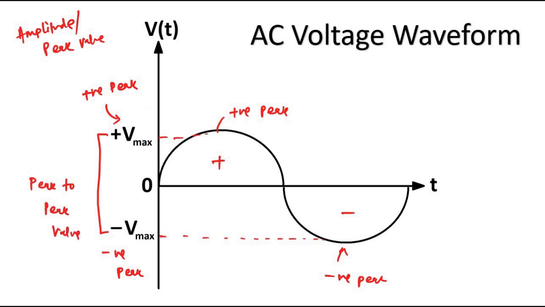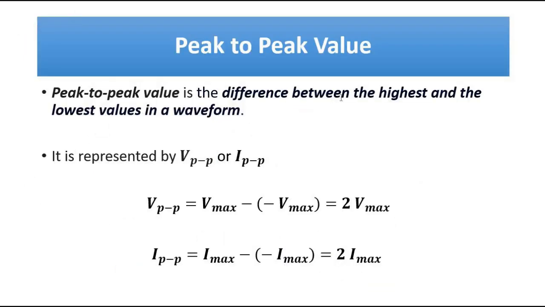The peak to peak value is the gap between the positive peak and the negative peak. As we know, both the positive and negative peak are equal in terms of magnitude. So the peak to peak value, which is the difference between the highest or positive peak and the lowest or negative peak in a waveform, is expressed as this.